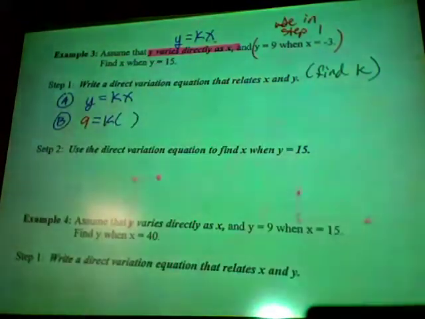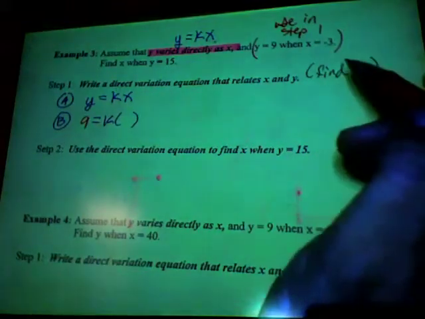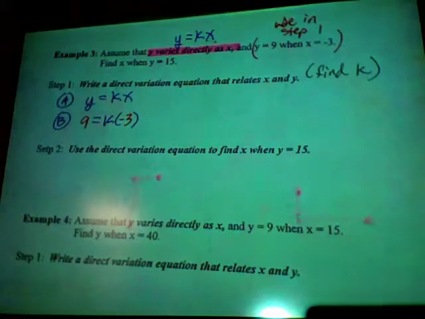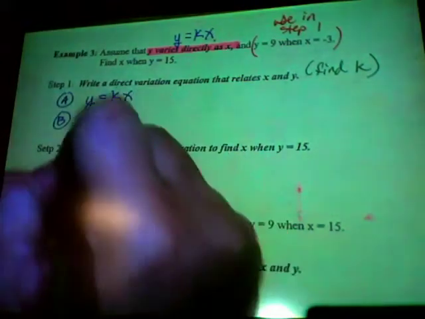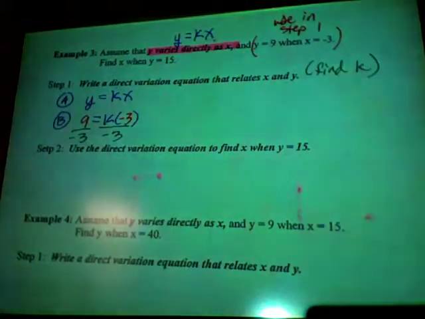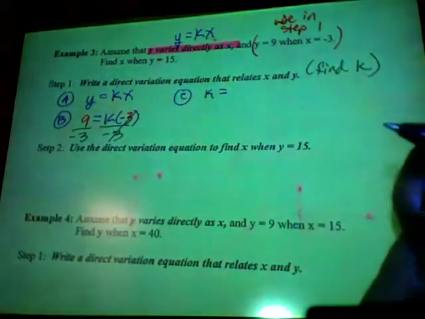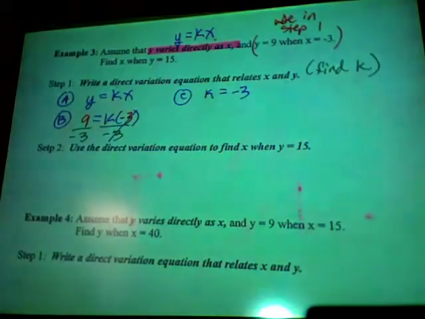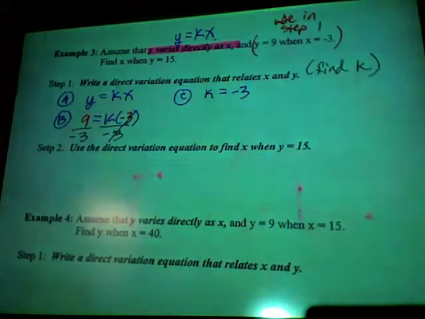And x, after you substitute in parentheses, it gets replaced with what? -3. How do you solve that equation for k? Yeah, divide both sides by not a 3 but a -3. And so then part C is I now know that k is equal to what? Because those cancel. Not 3 but, yep, -3. So the directions say to write a direct variation equation.